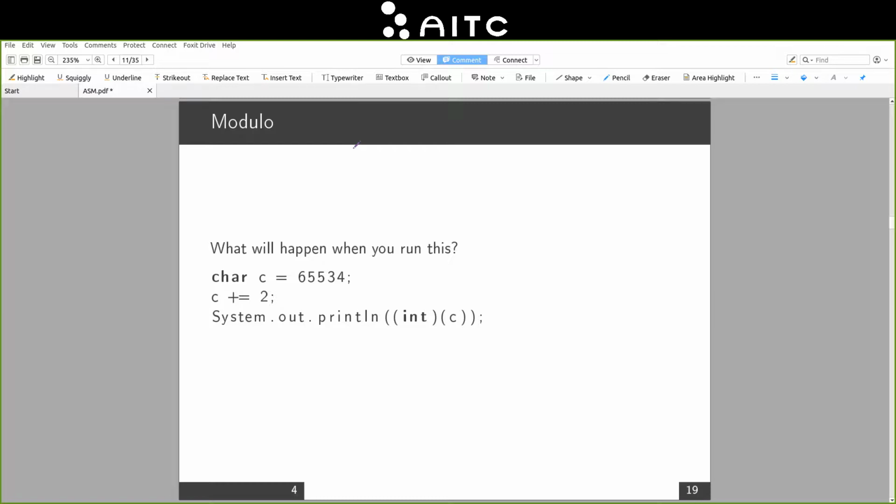So what will happen then? Must I remember the maximum of the character? You don't need to remember it, but I just give you this tip.